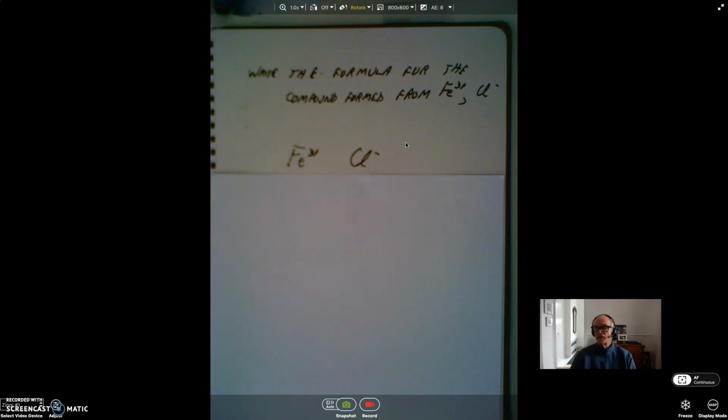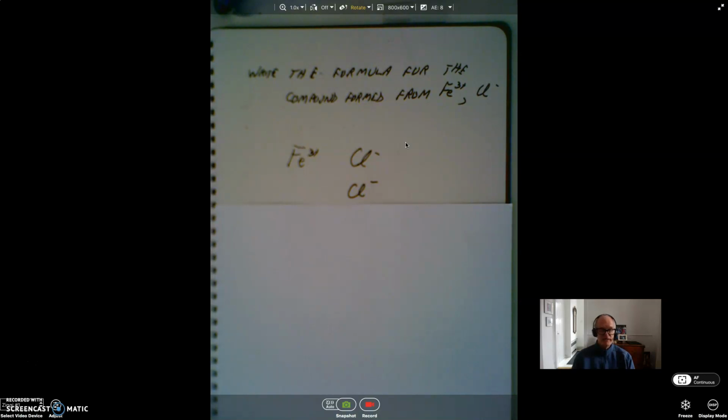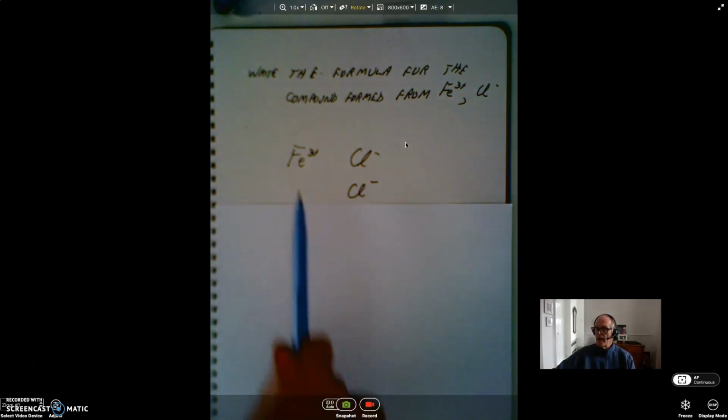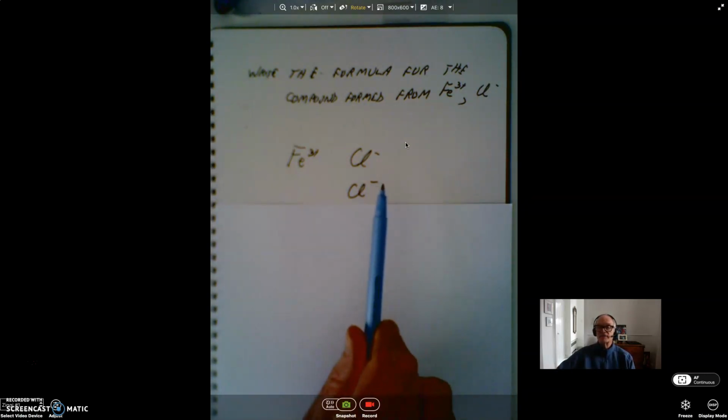Count the plus and minus charges. Based on what we have written down right now, there are 3 pluses and 1 minus. We want to get to a point where there's the same number of pluses and minuses, so we have a neutral compound. So let's put in another Cl- ion into our group, and now we have 3 pluses from our Fe3+ ion and 2 minuses.